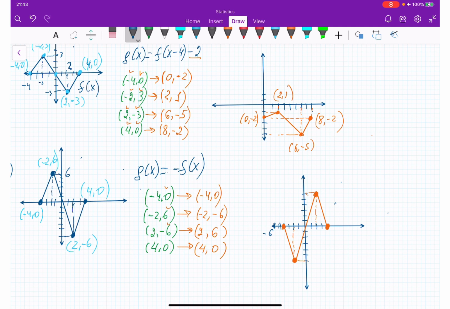Okay? All right. So let me write down coordinates, negative 4 and 0. Here we have negative 2, negative 6. Here we have 2 and 6. Here we have 4 and 0.